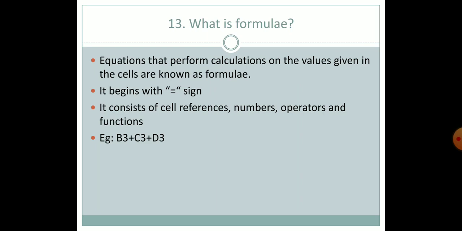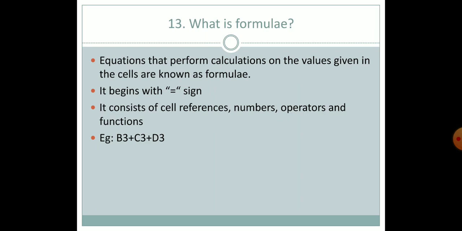Each formula should begin with an equal to sign. So the formula will consist of cell references, numbers, operators and functions. So cell references means your cell address, numbers, if at all we have numbers to use in our formula, operators, all our arithmetic operators like plus sign, minus sign, multiplication sign, and what are the functions, the minimum function, the maximum function, anything like that.